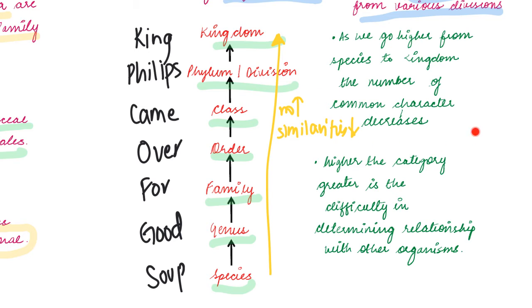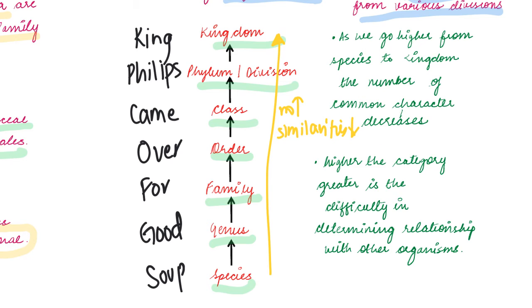Common characteristics decrease हो रहा है. So species will have the most in common, kingdom will have the least in common. ठीक है? Higher the category, greater is the difficulty in determining relationship with other organisms. Obviously, क्योंकि there will be a decreased number of common characteristics.